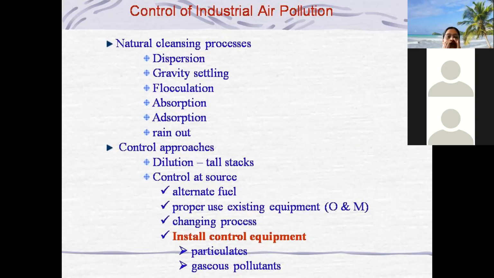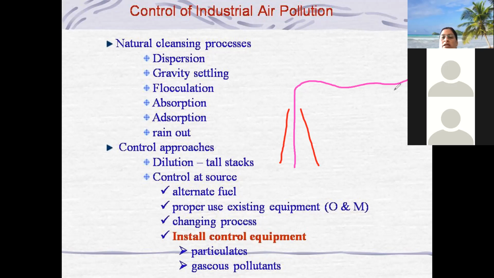Yesterday, at the time of discussion of meteorological parameters, I told you, a chimney may be there for any industry, and from that chimney, when the fumes of the gases are emitted, they come out with a pressure, and because of that pressure they go up and then start spreading. The spreading of these pollutants into the residing area depends upon the wind speed and wind direction, or shortly, on the various meteorological parameters.